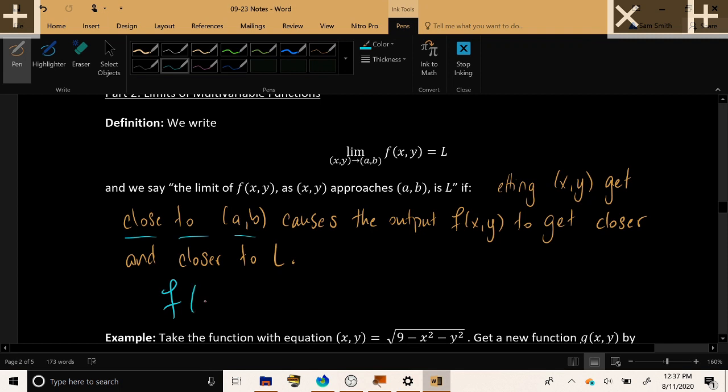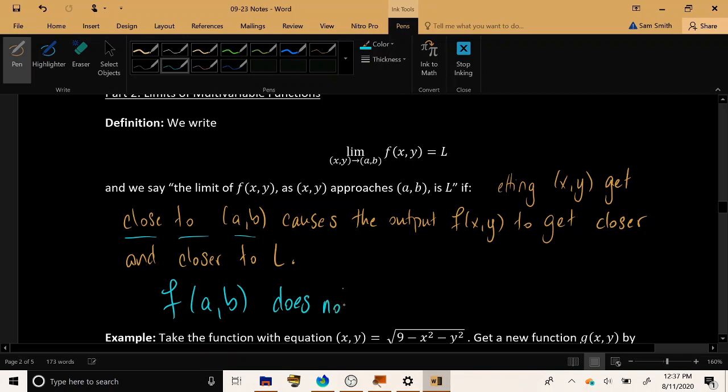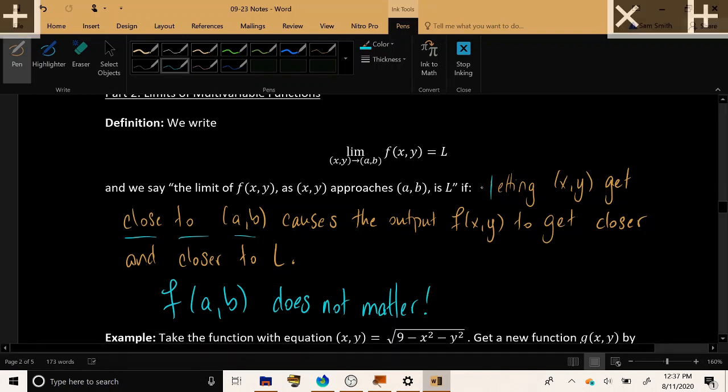The actual value of f of a b itself does not matter. What is happening at a b does not matter. All that matters is what's happening near a b, just as with single variable functions.